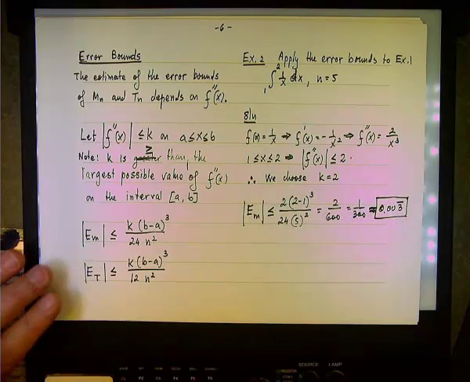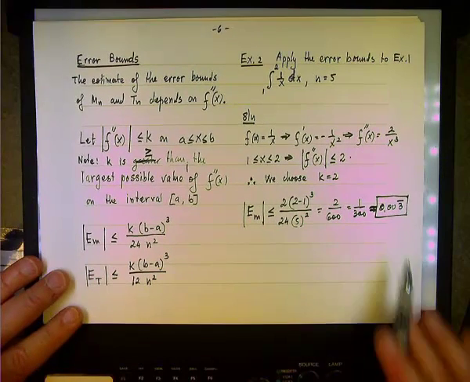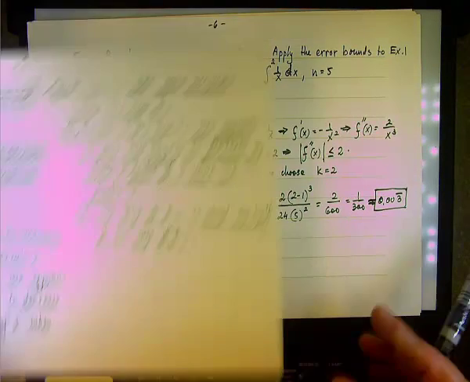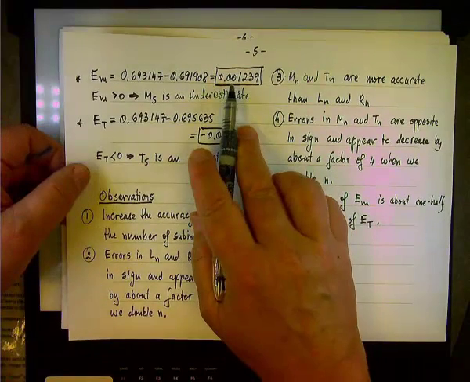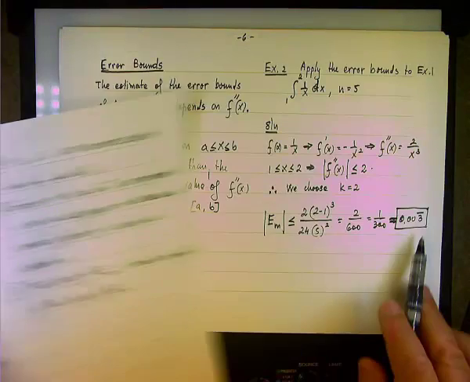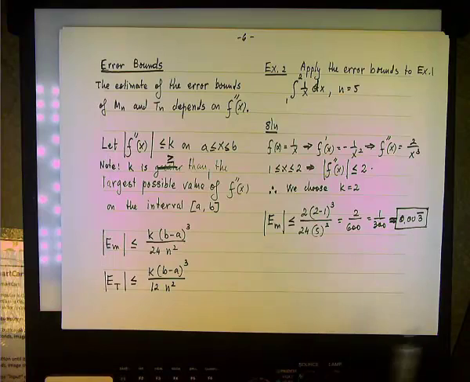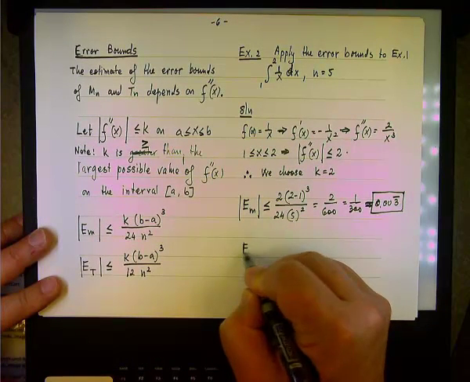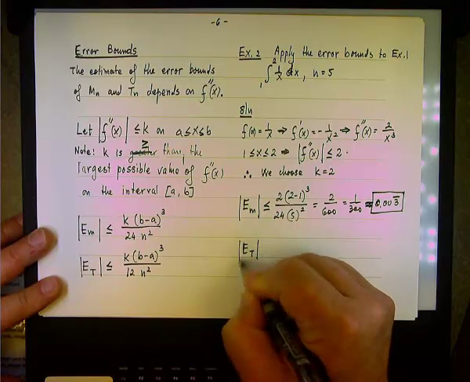Now compare this to the error that we calculated earlier. The error that we calculated was 0.001, so it was well within 0.003 repeated.